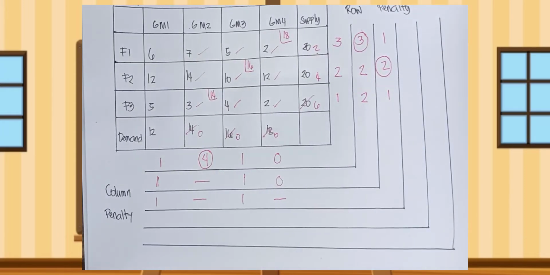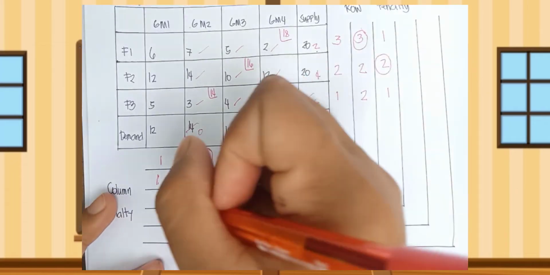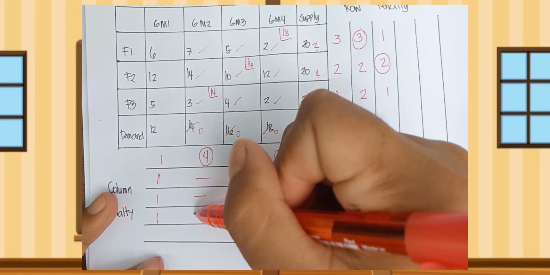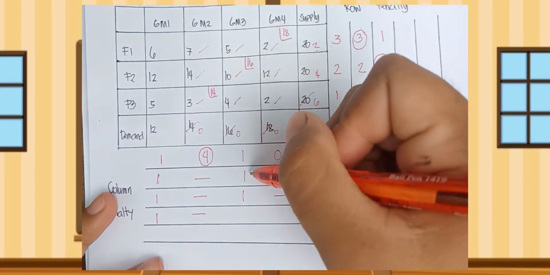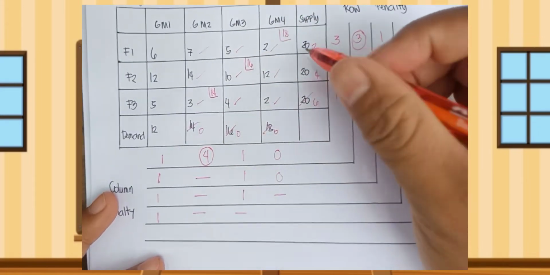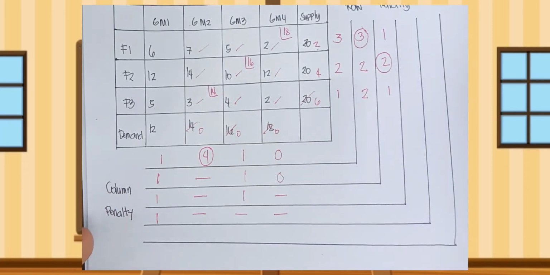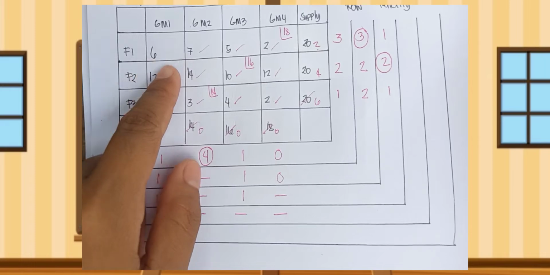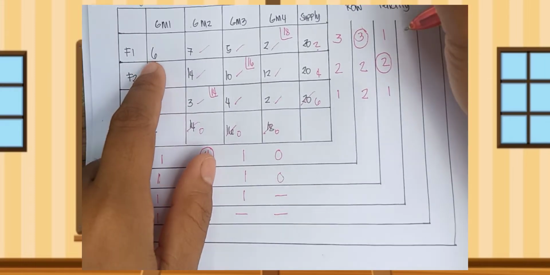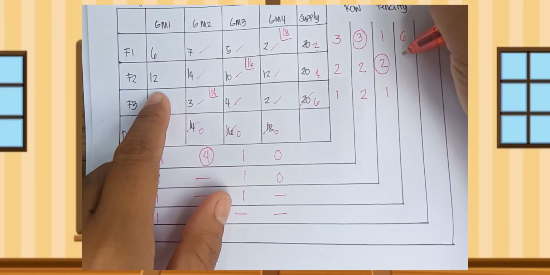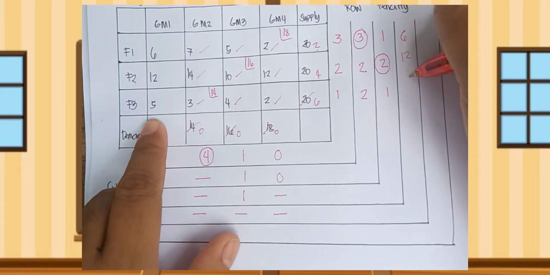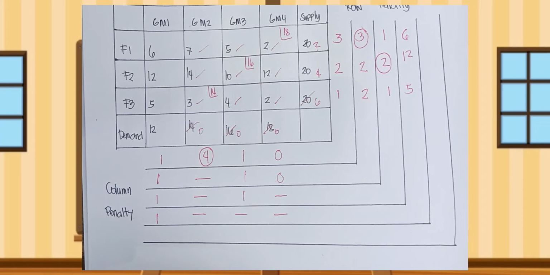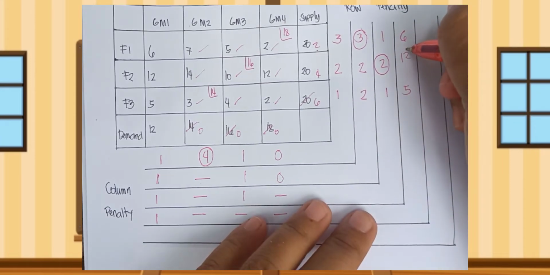Then after that, do it again. So we have 1, and then it is satisfied. Then this column is satisfied, so we will put hyphen, and then hyphen. Then after that, we have one remaining column. So we will copy number 6, and then number 12, and then number 5. So find the biggest number. So we have 12.